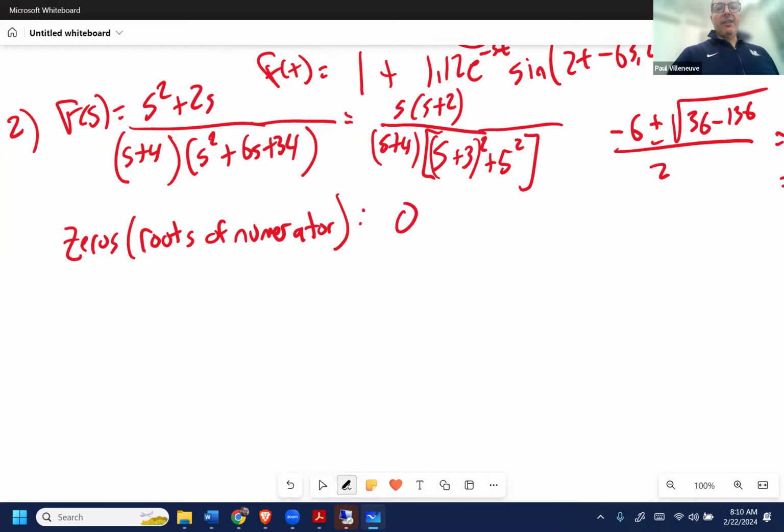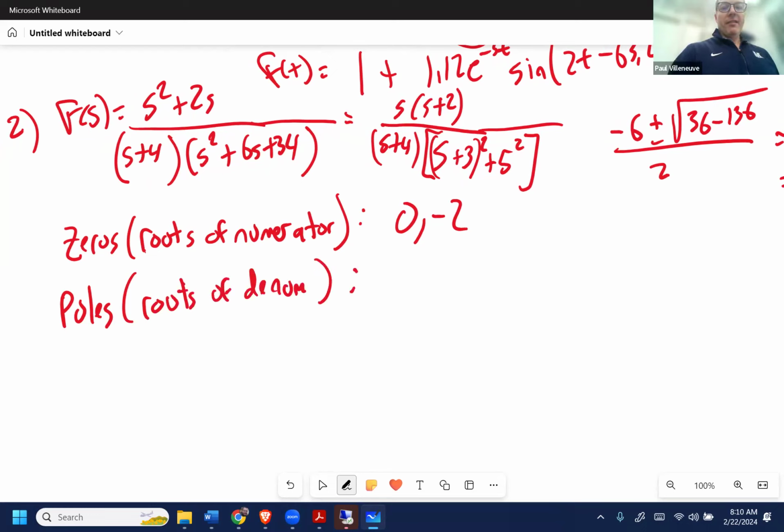We have 0 and minus 2. The poles are the roots of the denominator. And I have negative 4 and negative 3 plus or minus j5.